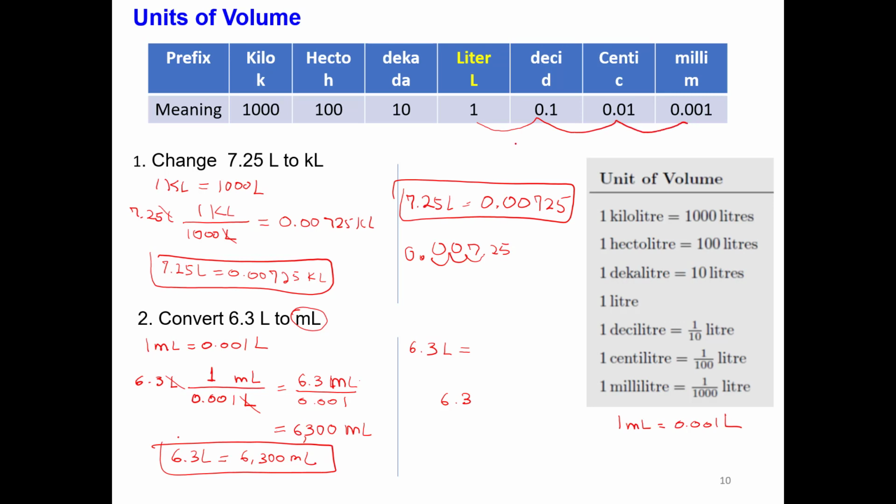Yes, and move to the right. We need to move 3 places the decimal point. 1, 2, 3. Complete this one with 0. Then we have 6,300 milliliters. It's the same thing we had when we used the conversion factor.